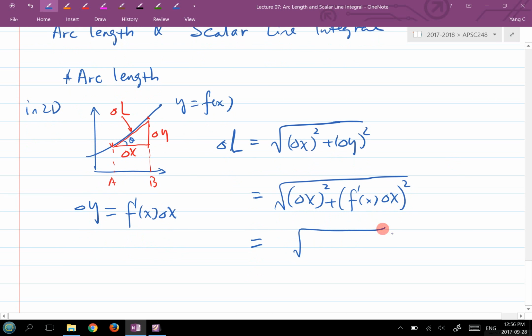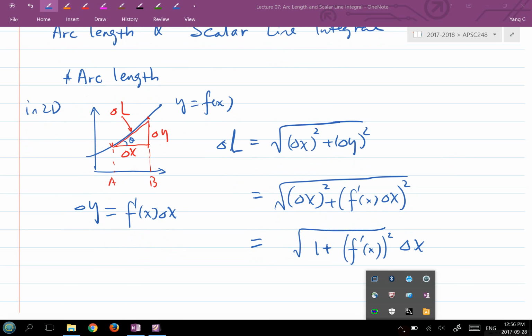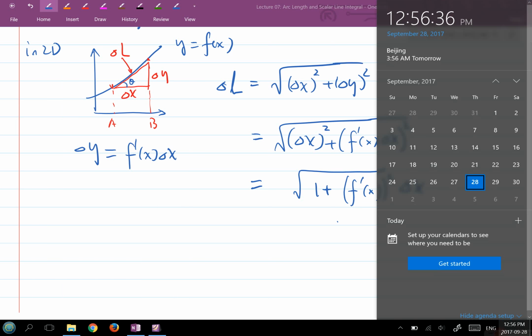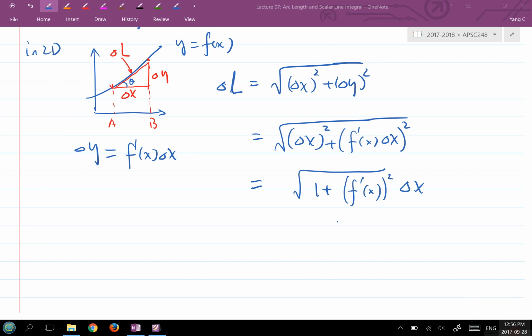Inside the square root you have this term. So delta L, the length of the hypotenuse, equals the square root of 1 plus the derivative squared, times the delta x out of here.